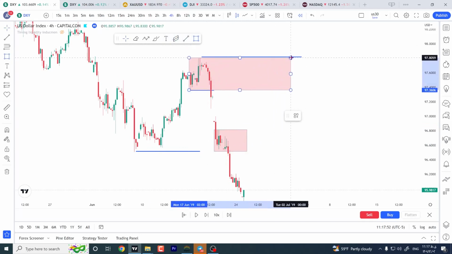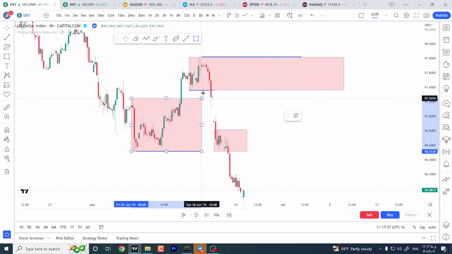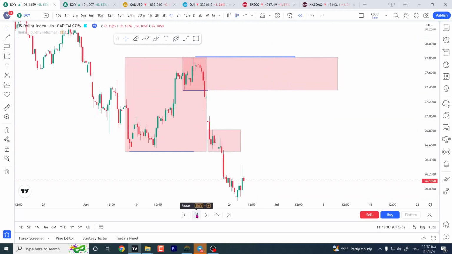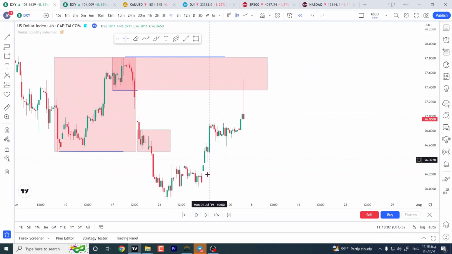Because these are higher time frames order blocks, and this is our complete supply box. Now let's see what happens. It's a case study. Don't try to predict the market movements. Don't hit yourself up. You should just pay attention to what the market is doing.